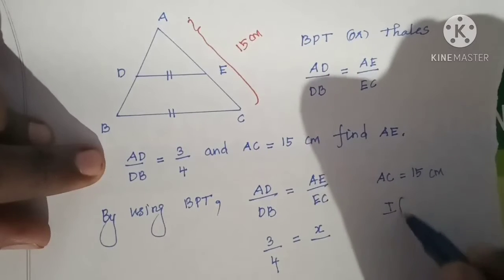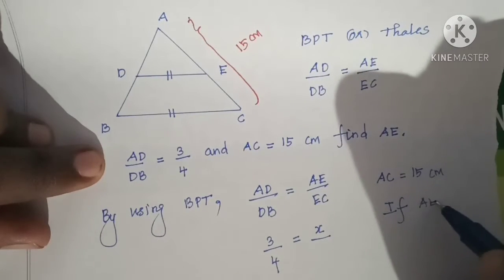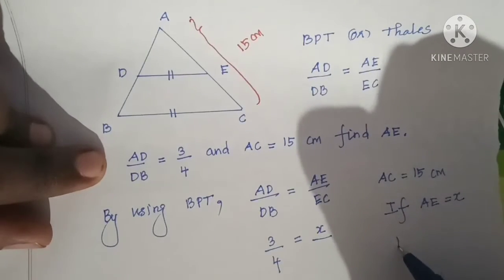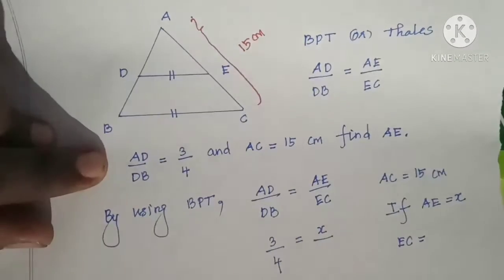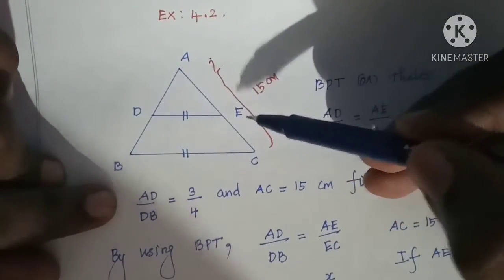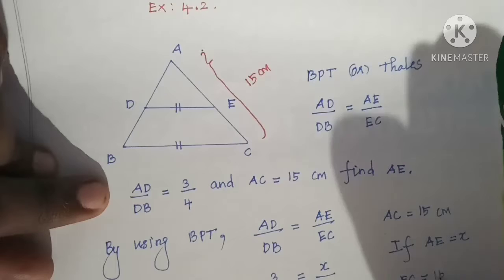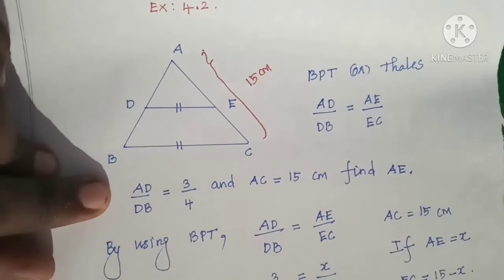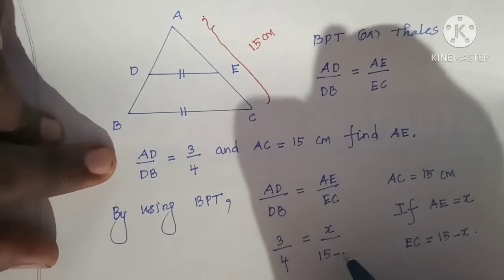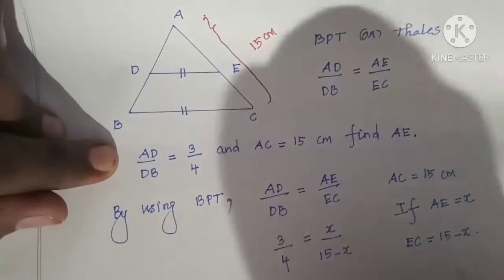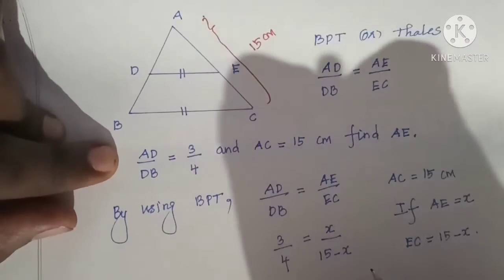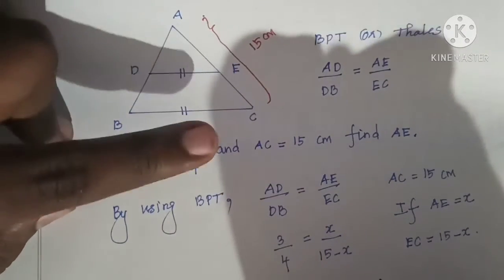If AE equal to x, what is EC? EC is the total length minus the AE length, so 15 minus x. Here I am going to write 15 minus x. Now I am going to simplify and we can get the value of x, which is the respective value of AE.